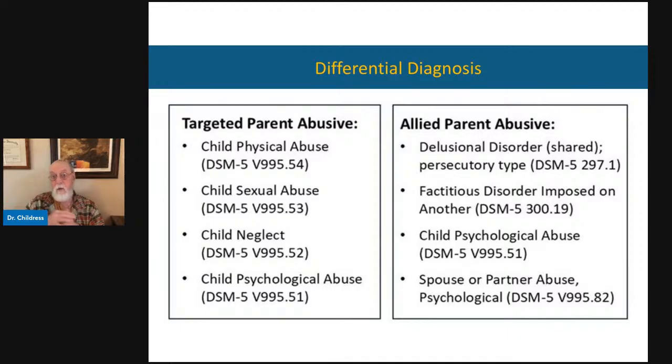Or the allied parent is abusive, in which case that would be the child's psychological abuse from creating a shared persecutory delusion, factitious attachment pathology imposed on the child for secondary gain to the allied parent. So that would be child psychological abuse and also spousal or partner abuse of the targeted parent using the child as the spousal abuse weapon. So there's our differential diagnoses that is of concern, and we need a diagnosis to come up with a treatment plan to fix whichever one of those problems is the problem.